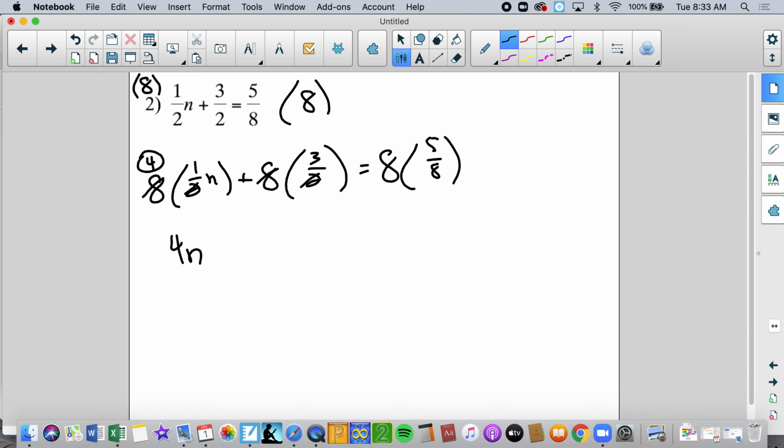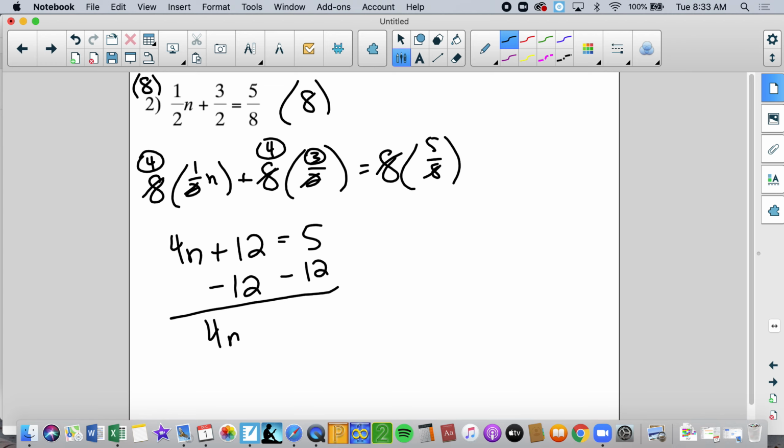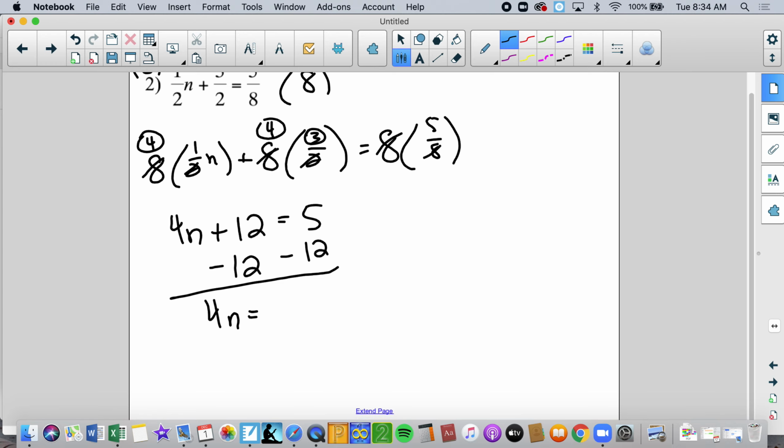The 2 in the denominator cancels, 4, and then you have 4 times 3, which is 12. And the 8 in the denominator cancels with the 8 in the numerator. It leaves you with 5 minus 12. 4n equals, that's -7. Divide by 4. n equals -7/4.